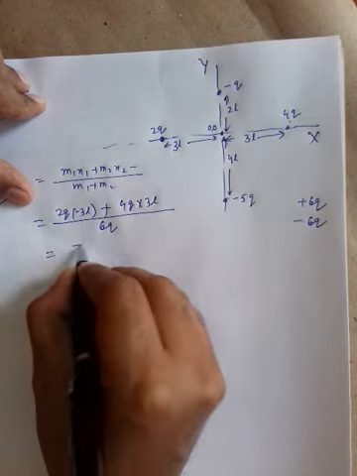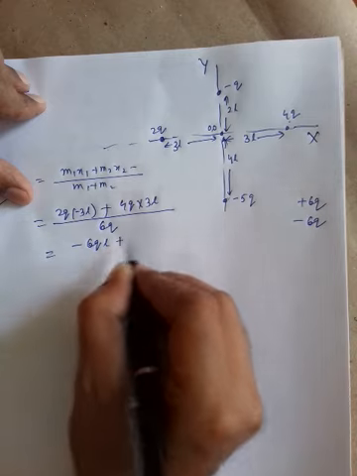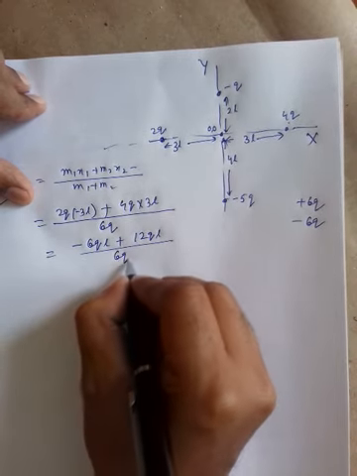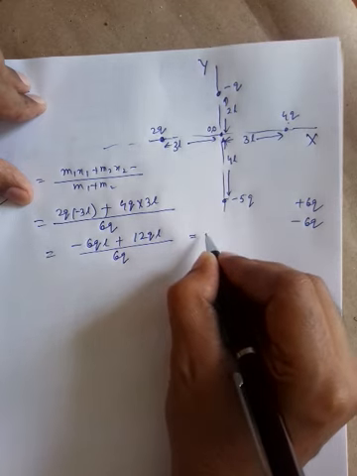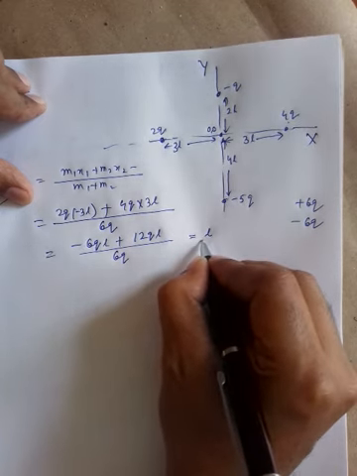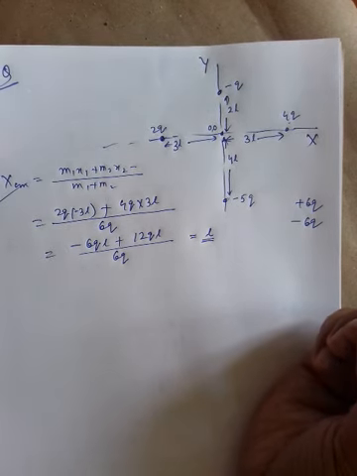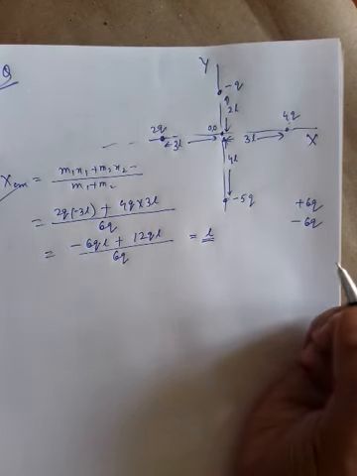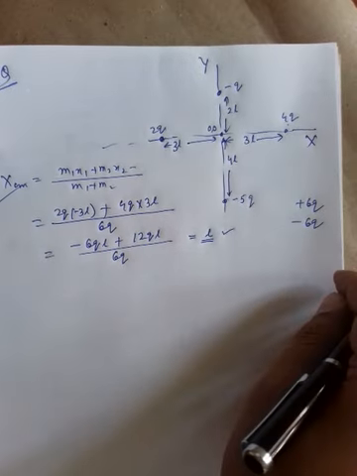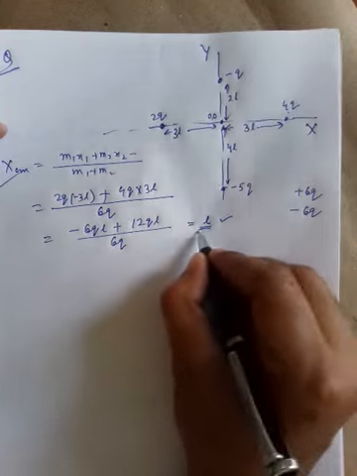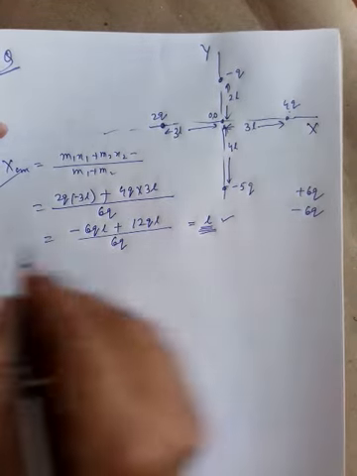So the calculation gives us minus 6QL plus 12QL by 6Q, so L only. So the positive charge 6Q will be present at a distance L from the origin on the x-axis. The x coordinate is nothing but the location of positive charges.